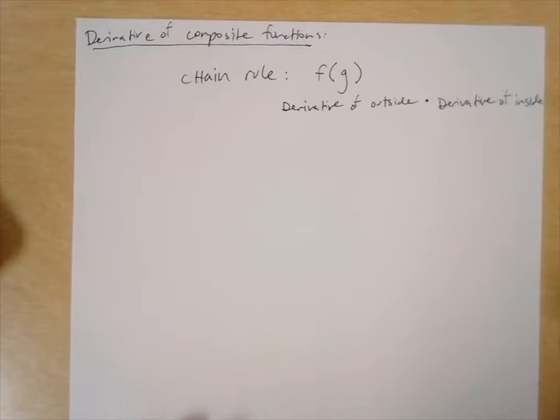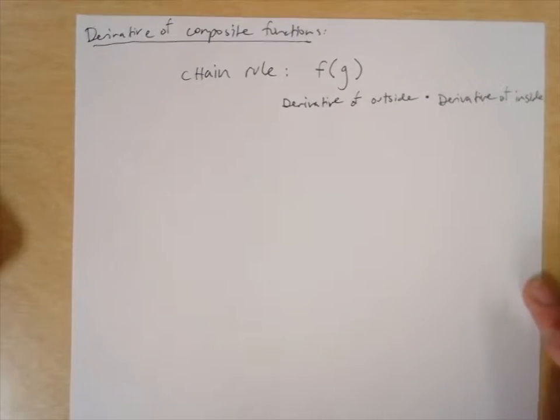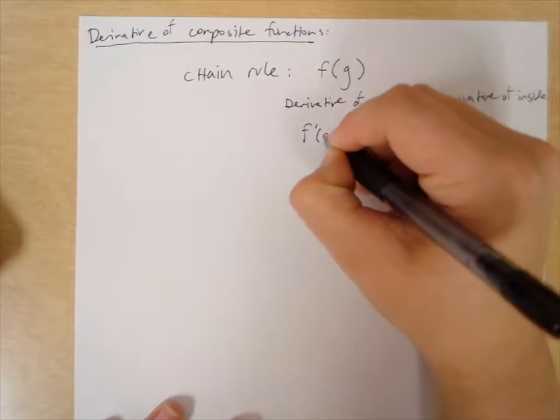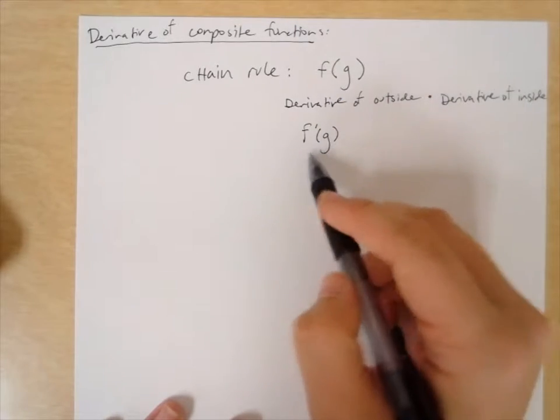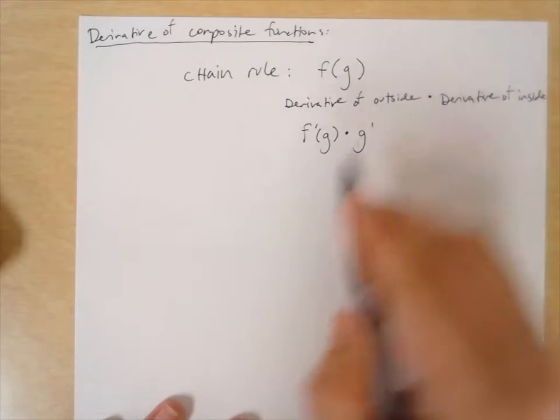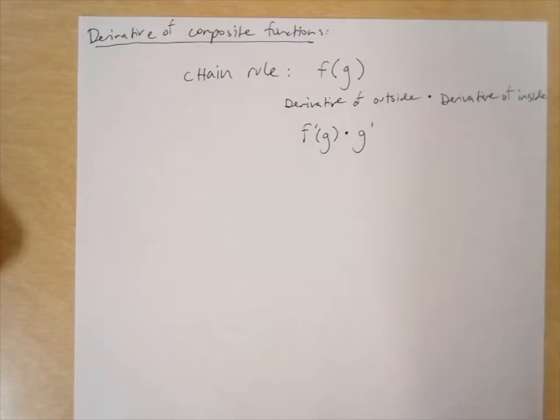Derivative of the outside times the derivative of the inside. And what that looks like is f prime, and then we keep whatever's inside, just stays there, and then we say times g prime, times the derivative of what's inside.